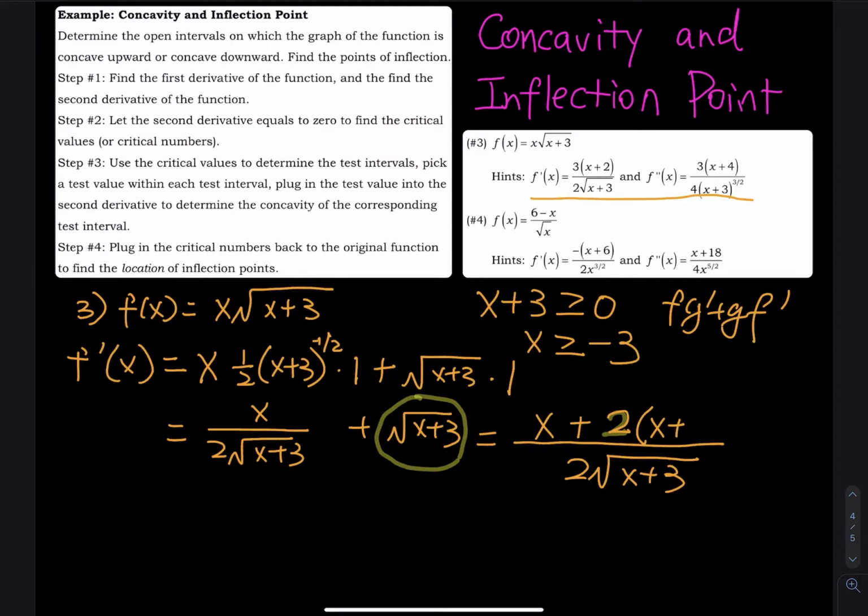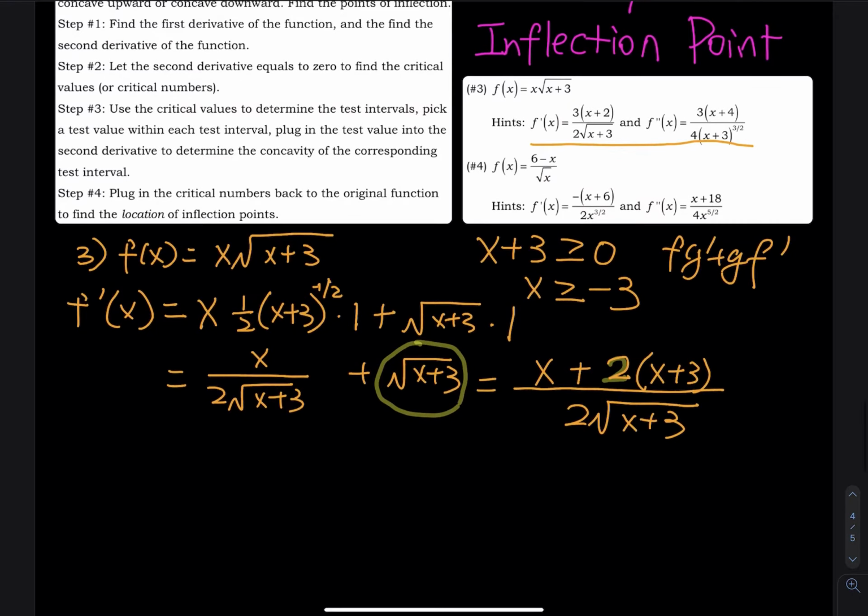Where is the square root? You have a square root times a square root, so the square root got cancelled. Then I want you to simplify the top for me. So overall, f prime of x equals 3x plus 6, which is the same thing as factoring out the 3, 3 times x plus 2, divided by 2 times the square root of x plus 3.